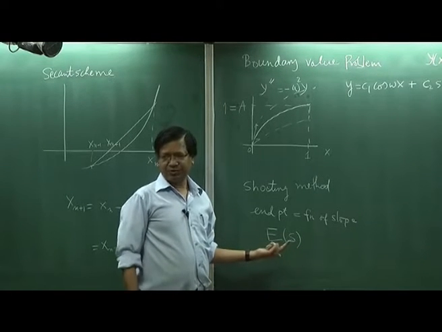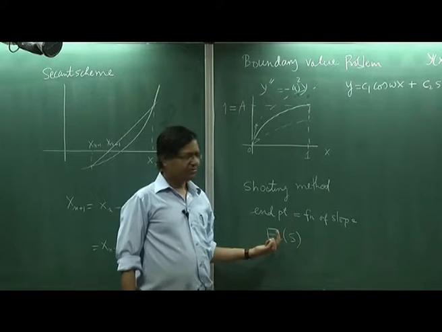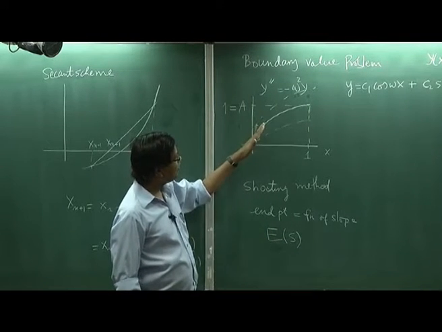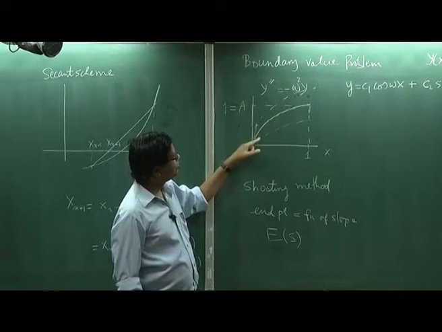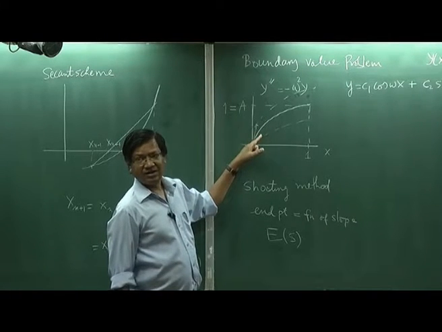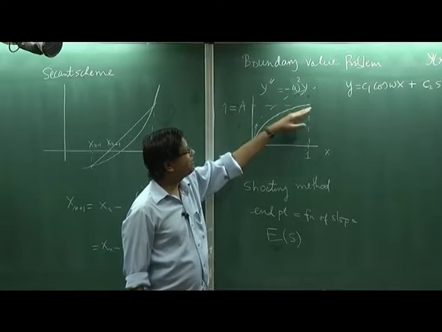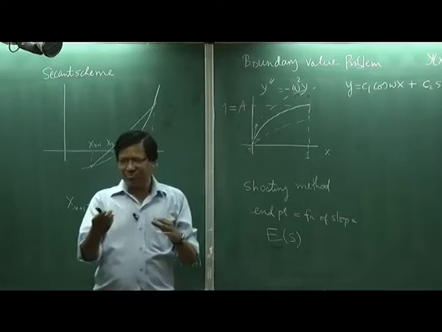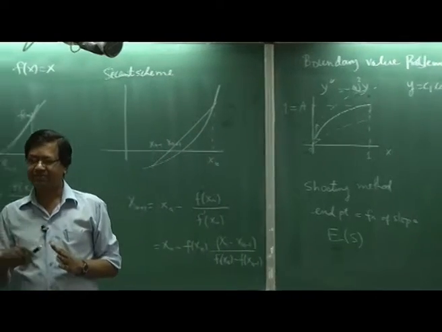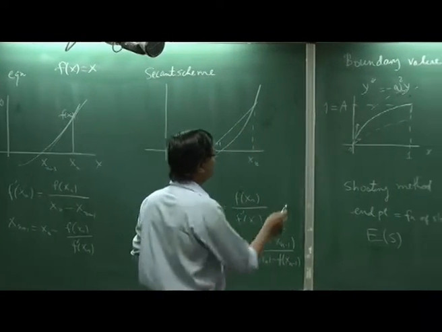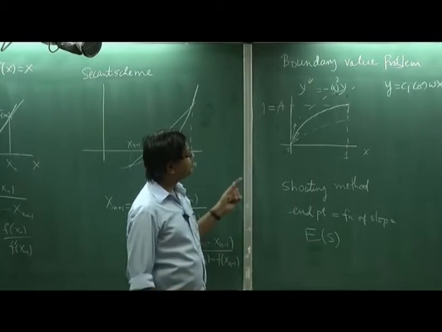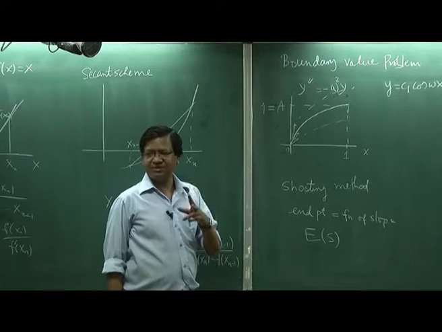So I can use the midpoint scheme. If I use the midpoint scheme, I start with 2 slopes. The next slope will be the average of the 2 slopes, and I see whether it is taking me to the target. If not, then I have to choose the new slope to be either left or right. Suppose the average value happens to be this. Then what should be my next two slopes for the next iteration?